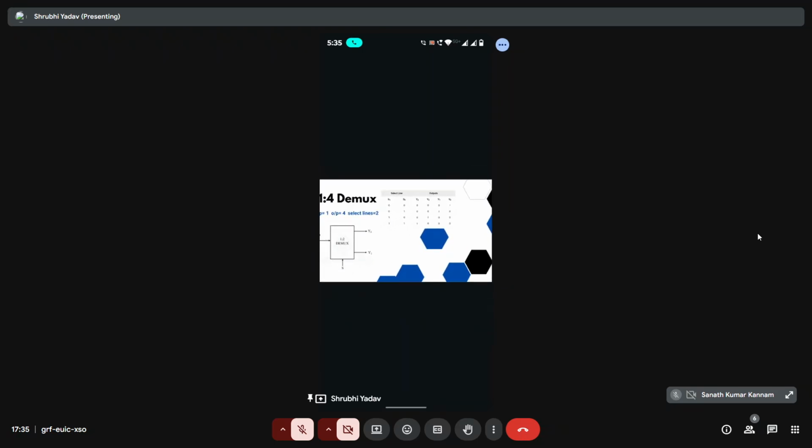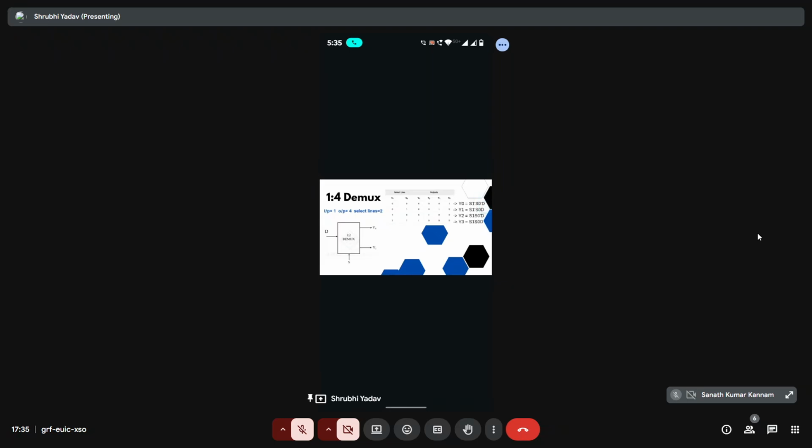When both select lines have the 0 0 combination, which output will be selected? Y0. When it has 0 1, Y1 will be selected. When it is 1 0, Y2 will be selected. And when it has 1 1, lastly Y3 will be selected.